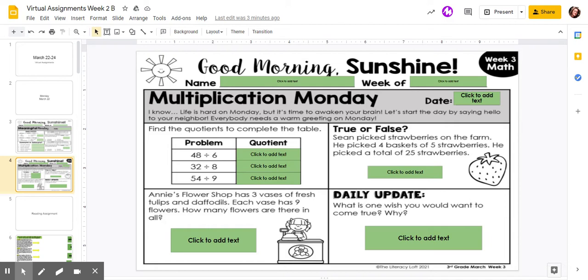You could make an array, start with 6 dots, and then 12, and keep counting by sixes until you have 48 dots, and then count how many rows you created. You can make equal groups, 6 circles, put 1 dot in each circle over and over again until you have a total of 48 dots, and then look how many are in one circle. So think about the different strategies you've learned for division.